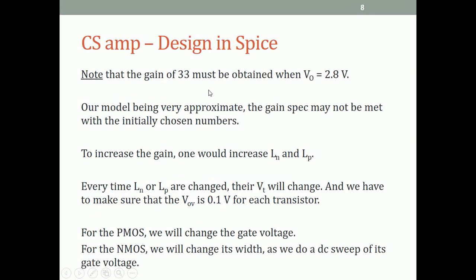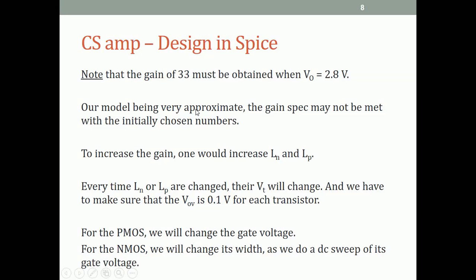Okay. Now we note again, because this is important, that we want to obtain a gain of 33 when the DC output voltage is 2.8 volts. This is kind of our DC quiescent point. Now our hand calculation model, as we see, being very approximate, is very different from the BSIM3 model that SPICE uses.